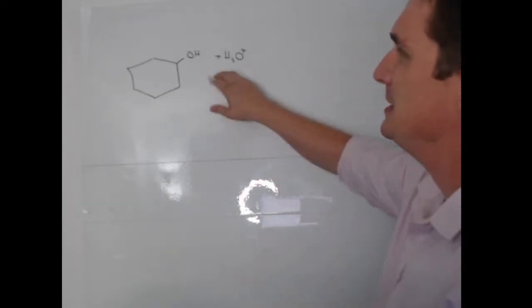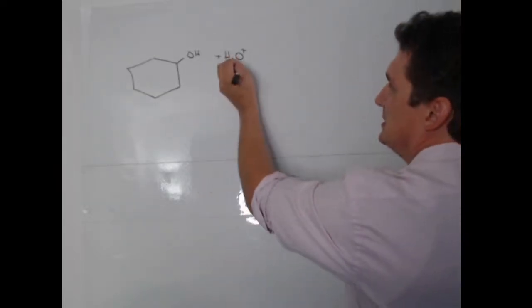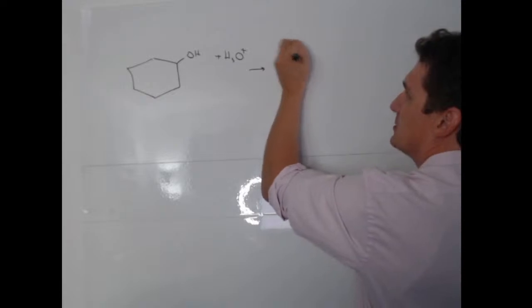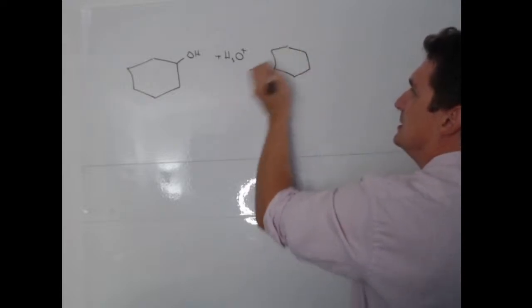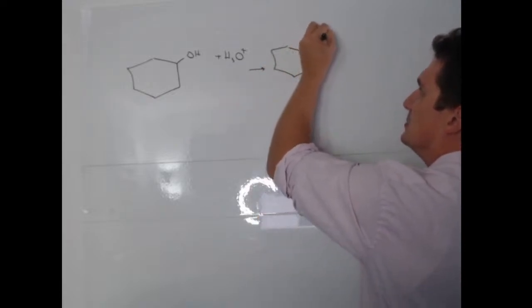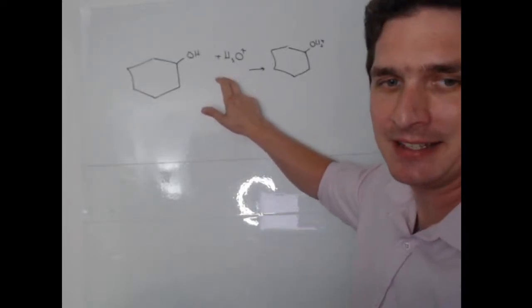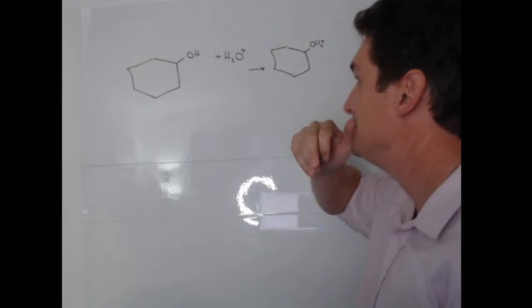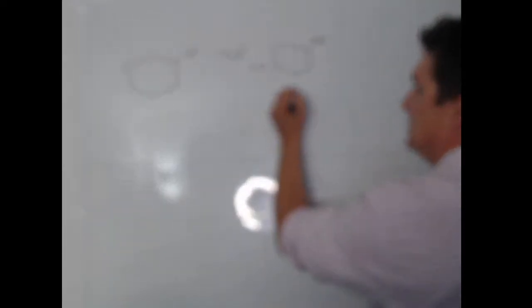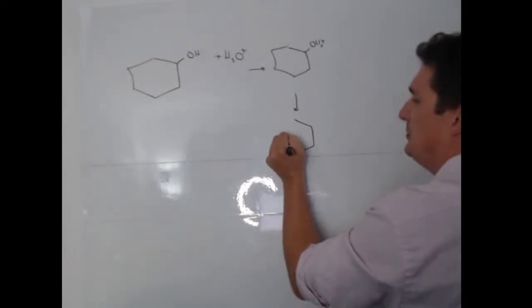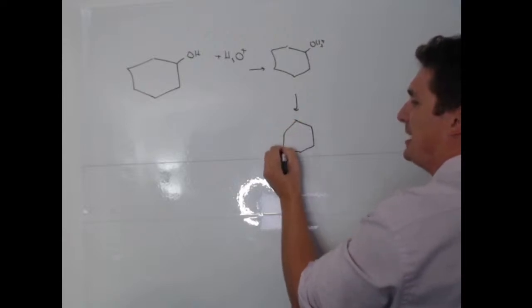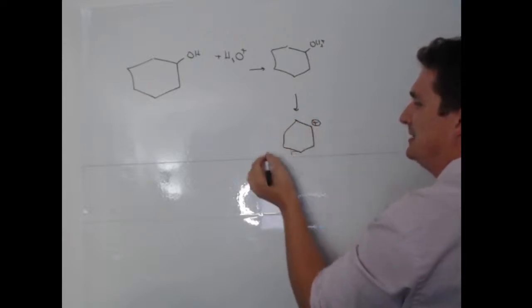We can ask something like this where we have H3O plus and the alcohol group grabs the H, forming the OH2 group. But the thing is that we're calling this an acid catalyzed reaction, and that is technically true. So when we finish, we need to explain how we got our acid back.